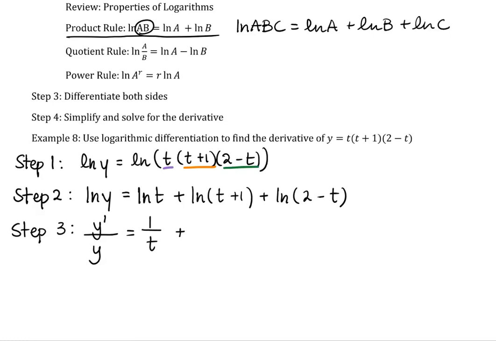The derivative of natural log of t plus 1 is 1 over t plus 1. The derivative of natural log of 2 minus t is a negative 1 over 2 minus t, because in this case here, u is 2 minus t, and so u prime is a negative 1. So I have a minus sign here, 1 over 2 minus t.